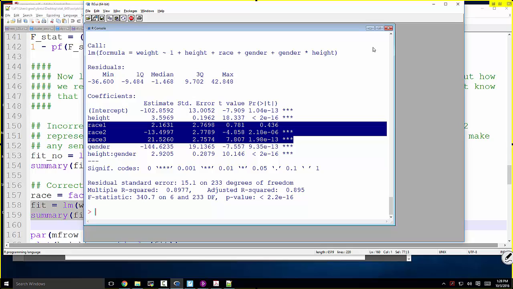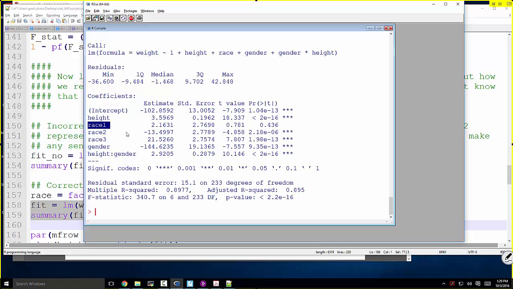It'll take the lowest alphanumeric level and treat that as a baseline level to which everything else gets compared. This race 1 of 2.163, that's a mean difference comparing race 0 to race 1, all other things being equal.